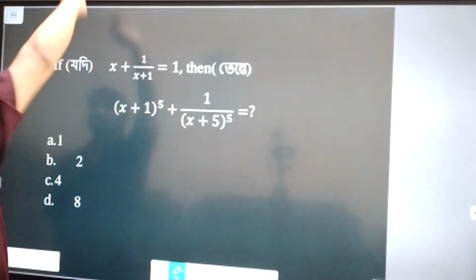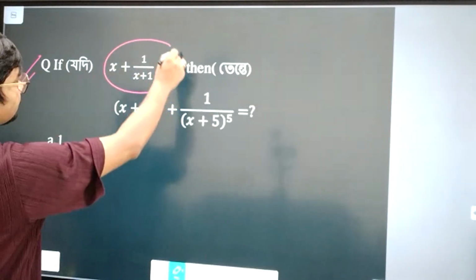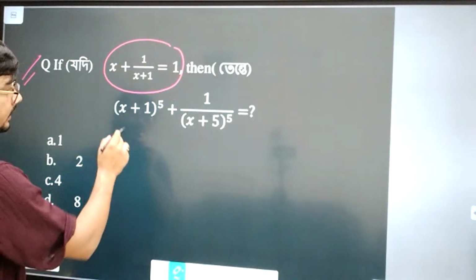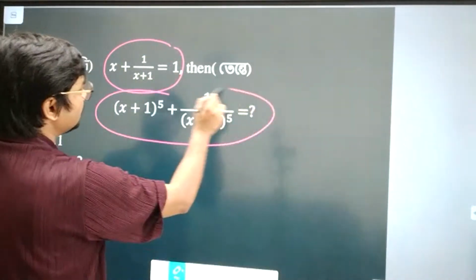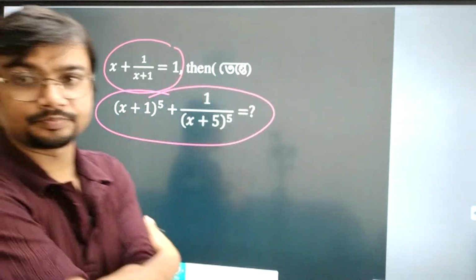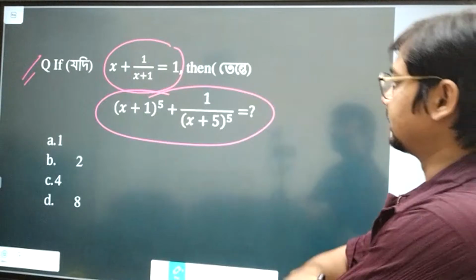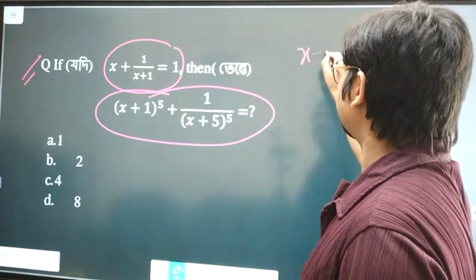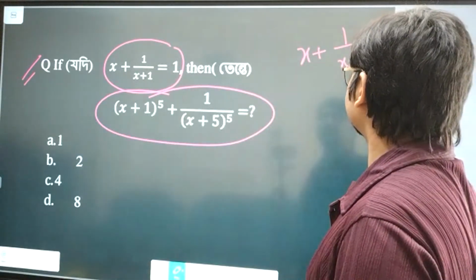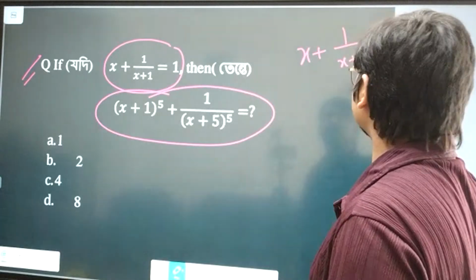So you see this one: if x plus 1 upon x equals 1, then what is the value of this one? Here you see, simply x plus 1 upon x equals 1.